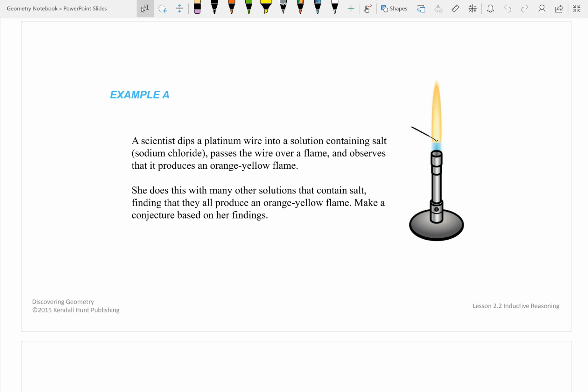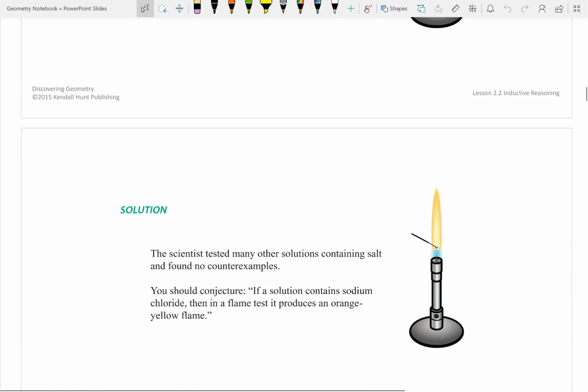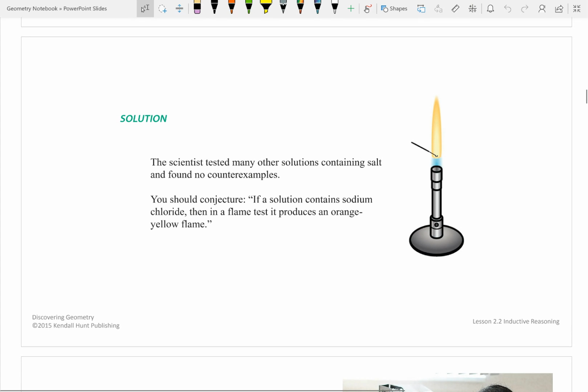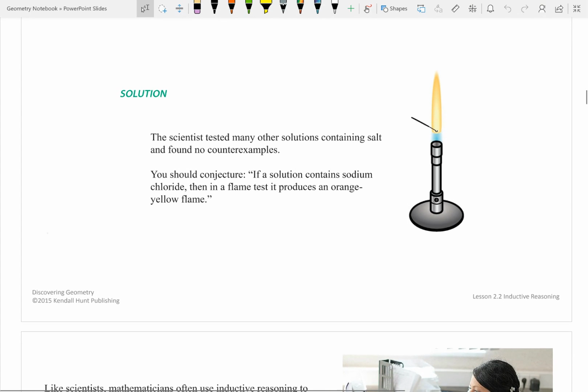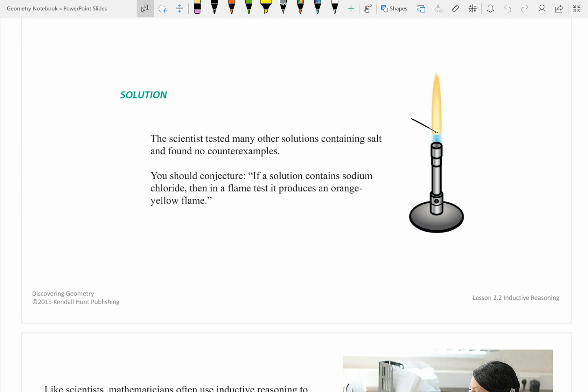Make a conjecture based on her findings. The scientist tested many other solutions containing salt and found no counterexamples. You should conjecture: if a solution contains sodium chloride, then in a flame test it produces an orange-yellow flame.